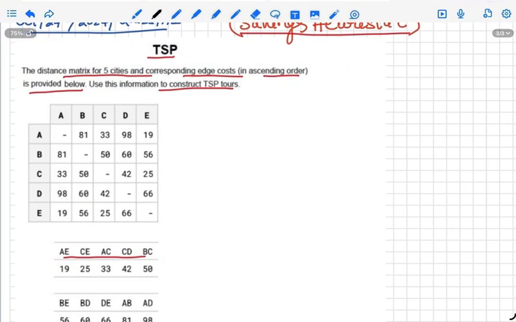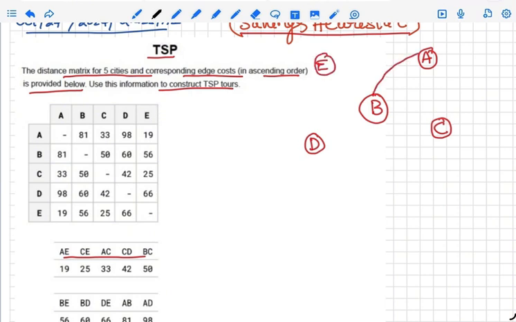B is a fulcrum node, right? So B is the center node, and there are 5 cities: A, C, D and E. How are these connected? By both the edges.